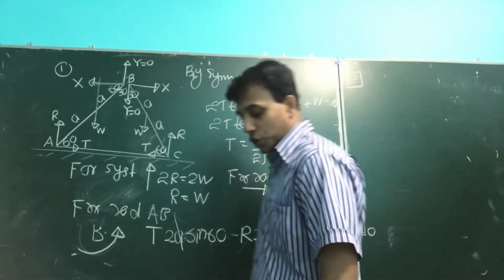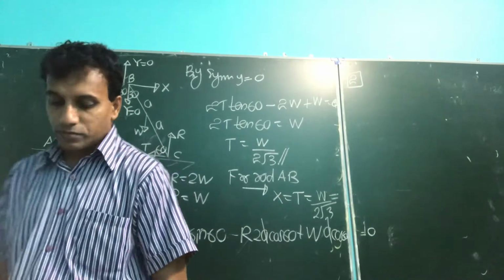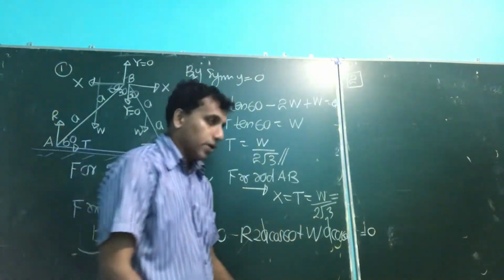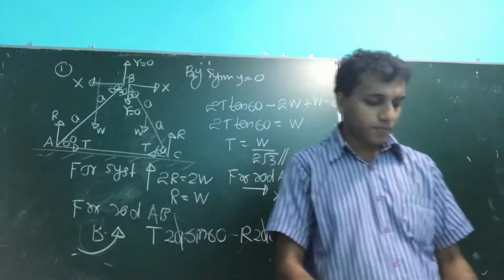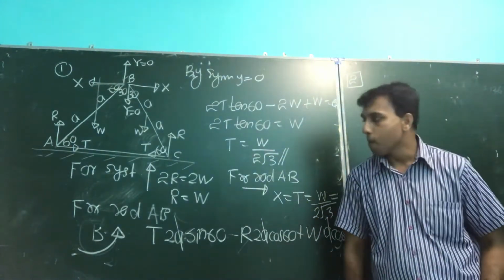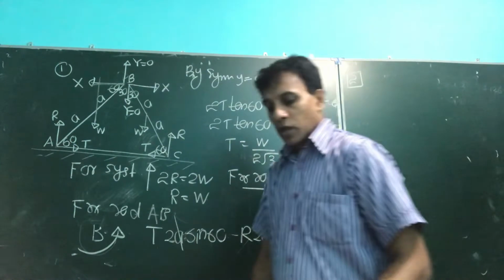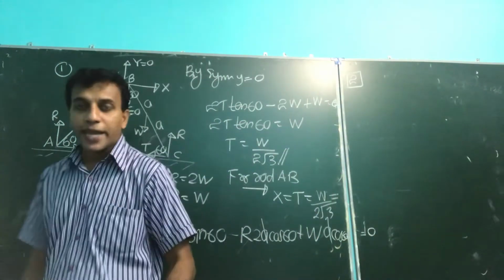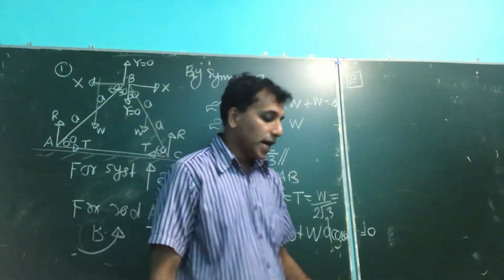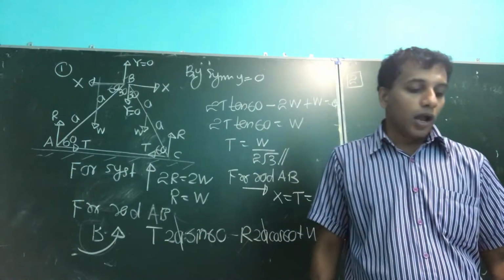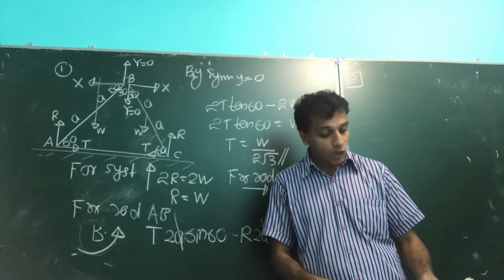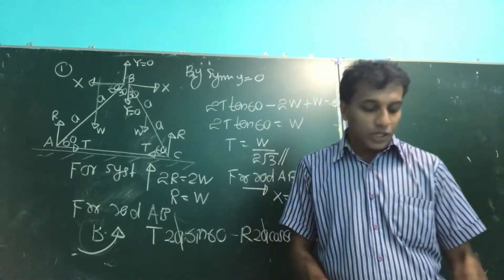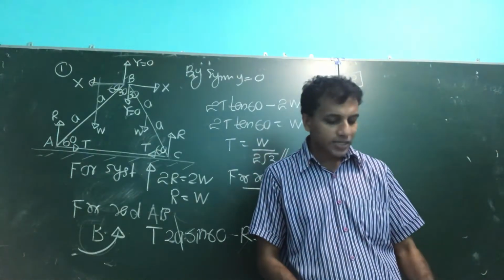Second problem, of a similar type. A uniform rod AB, weight W, and a uniform rod BC, whose length is equal to AB, smoothly hinged at B. Same idea.